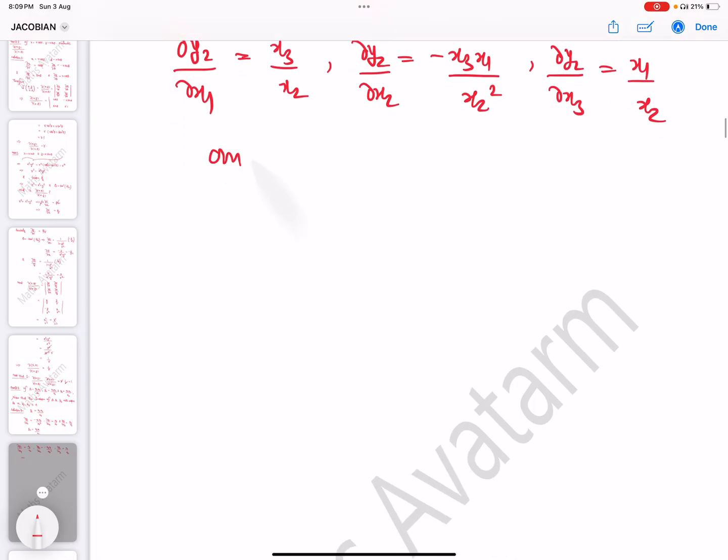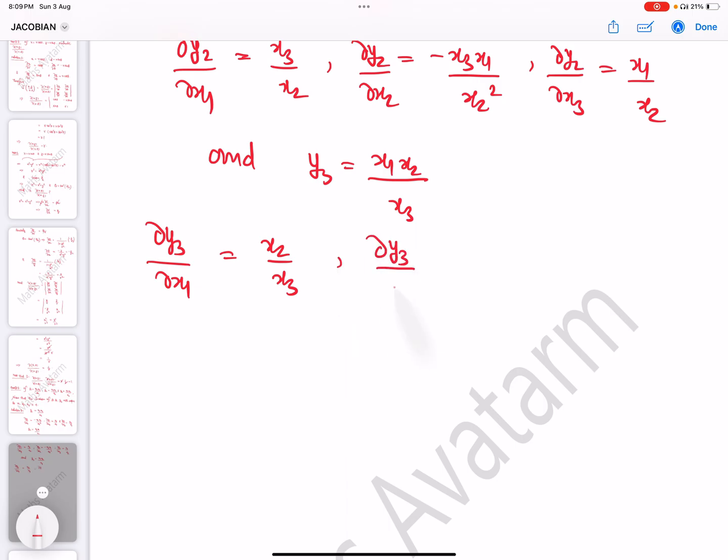And what is y3? x1 x2 upon x3. Del y3 upon del x1 is x2 upon x3. Del y3 upon del x2 is x1 upon x3. And del y3 upon del x3 is minus x1 x2 upon x3 square.